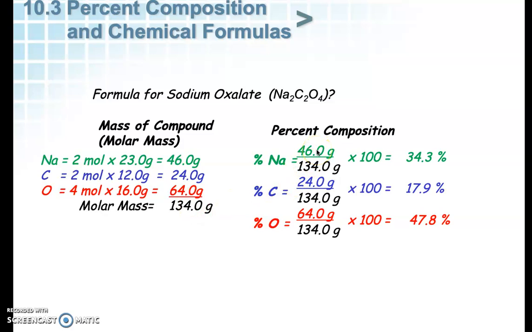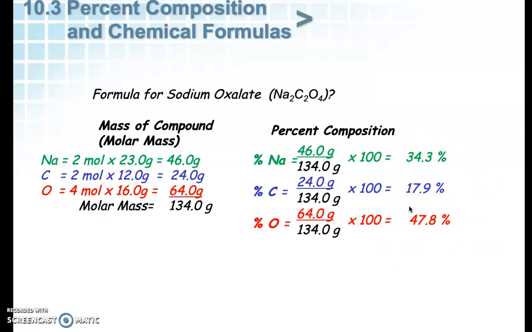Then you calculate the percent composition. Take the mass of each element, divide it by the molar mass, times it by 100, and you get these percents right here: 34.3% for sodium, 17.9% for carbon, 47.8% for oxygen. And there is a sum of 100 here.